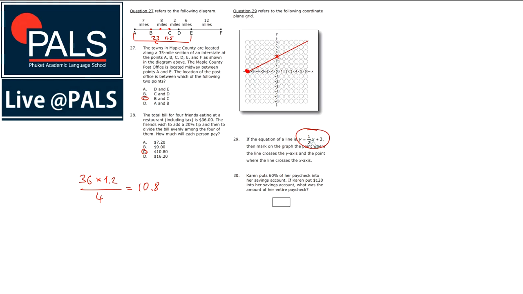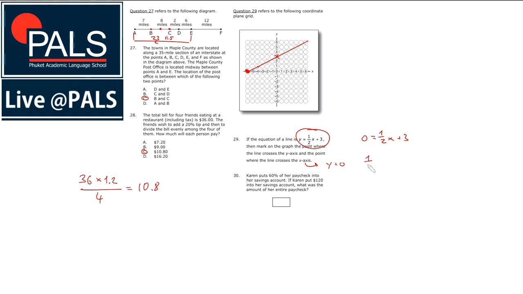On this point where the line crosses the x-axis, we know that y is equal to 0. So for this point here, y is equal to 0. So we can add this into the equation. 0 is equal to 1 over 2x plus 3, and then we can solve for x.